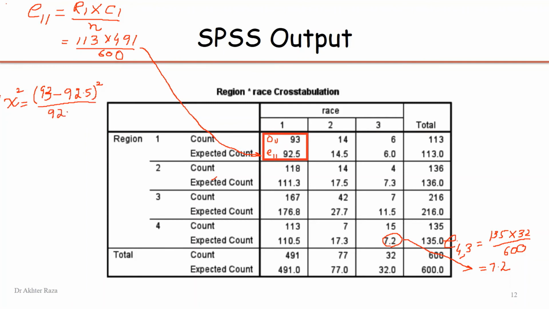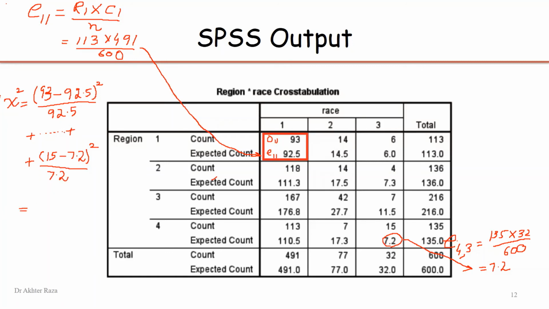This is the first value of the chi-square, computed in cell number 1, which is row number 1 and column number 1. In the same way, we have to calculate all the terms up to the 12 cells. The last one will be 15 minus 7.2, whole squared, divided by 7.2. This is the way of computing the value of the chi-square.